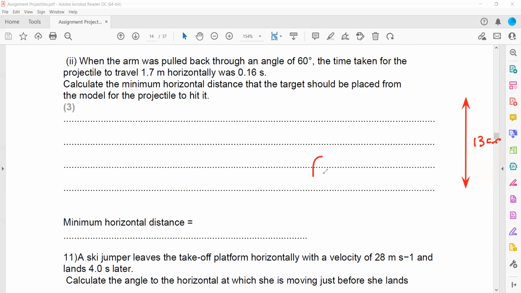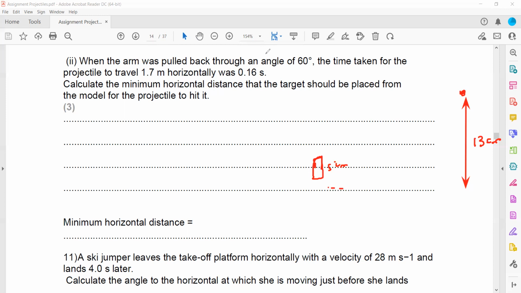We have a target which is only 5 centimeters high. The question is where we should place a target so that the projectile should hit it. The total range is 1.7, and the total horizontal travel took about 0.16 seconds.